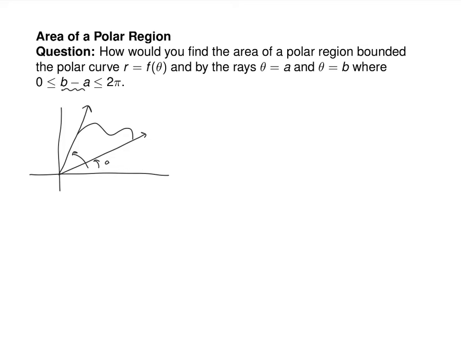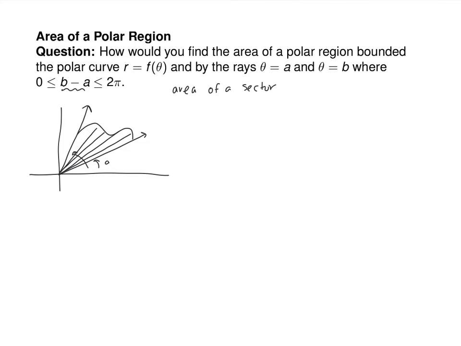And the first thing we could do is divide this up into very, very small pieces with small interior angles theta, and we can add up the areas of those little pieces. So what we need to be able to do is to find the area of a sector.